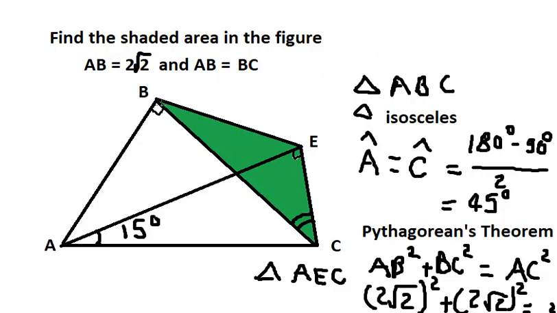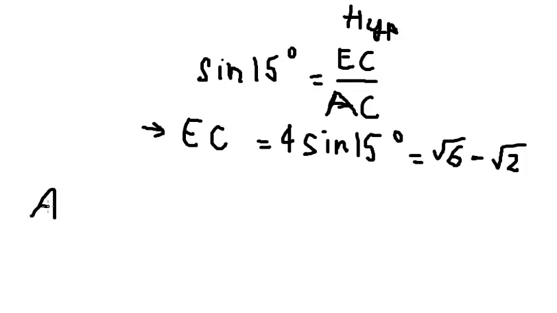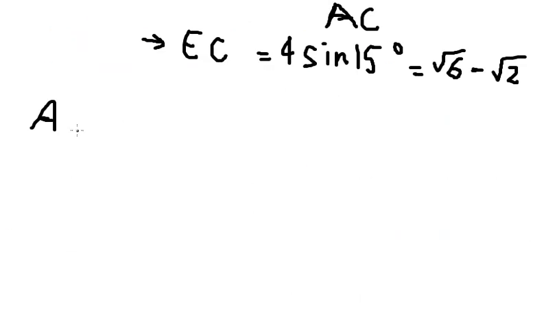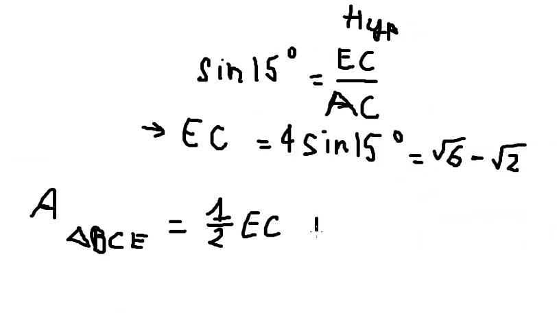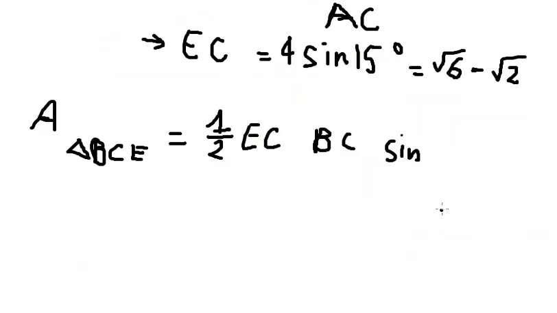After we got BC, EC, and this angle in here, we can find the area of the triangle BCE. That is 1/2 multiplied by EC multiplied by BC, and sine of BCE.